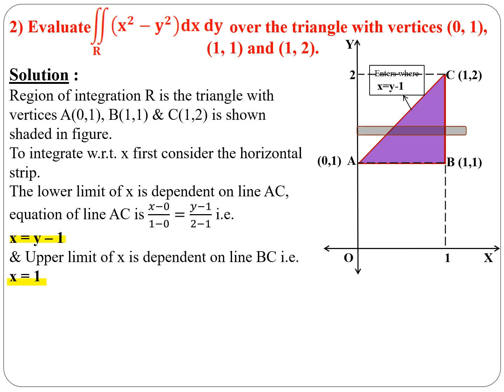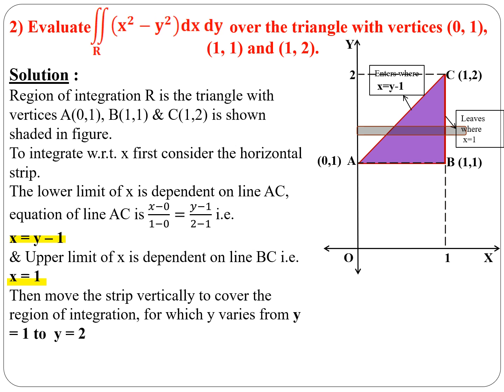Just concentrate and check what is the lower limit of y and the upper limit of y. Lower limit of y is from where your strip starts to move within the region, and the upper limit of y is where the move will stop. So here you just check, it is y equals 1 and up to point C.